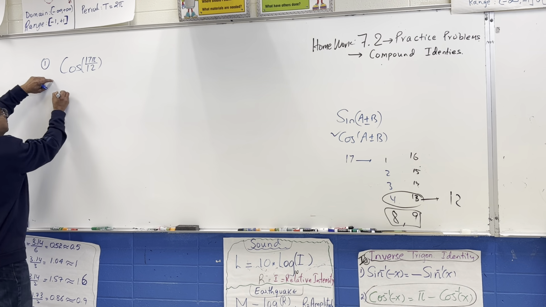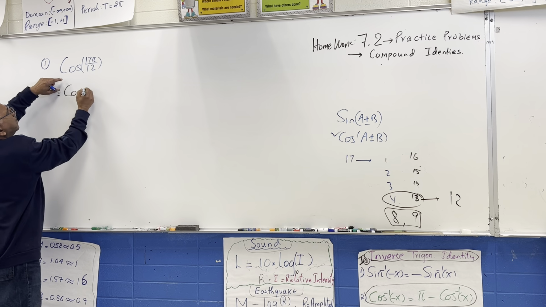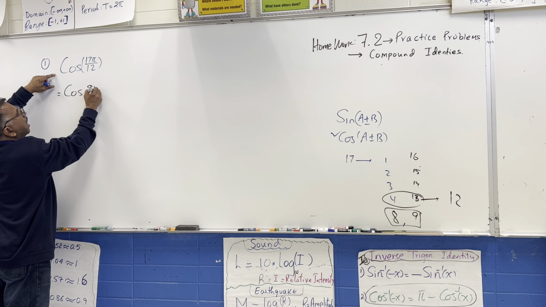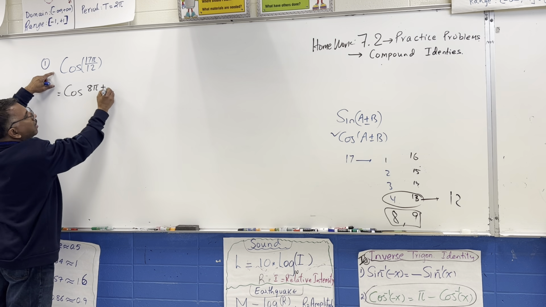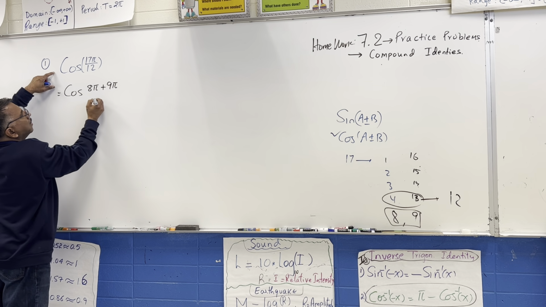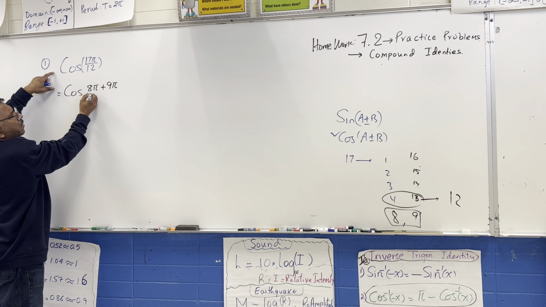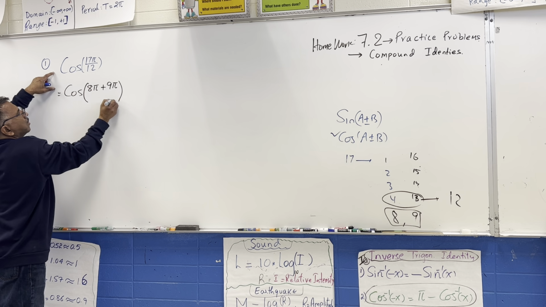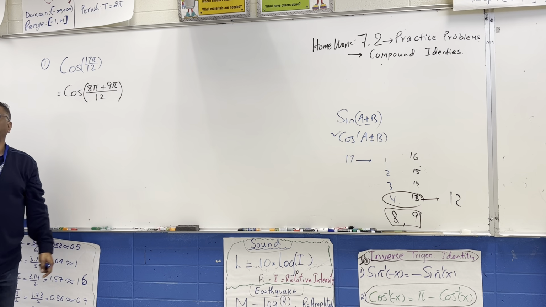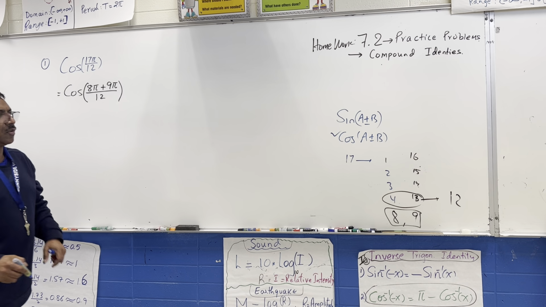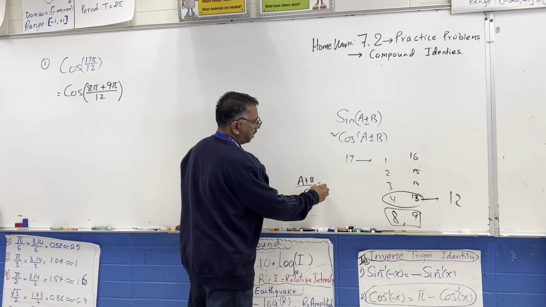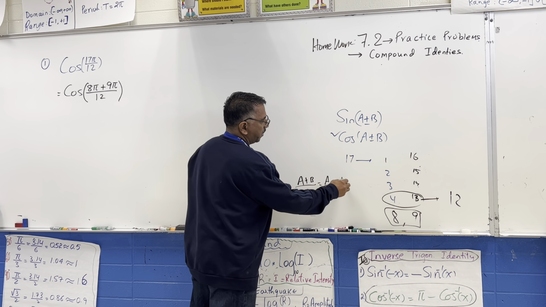So let's do this. This equals cosine of, instead of 12 you write it as 8 pi plus 9 pi. Can I separate this directly, skipping one step, or do you want me to write everything? Okay, is this fine? And then you can use a plus b divided by c is a over c plus b over c.